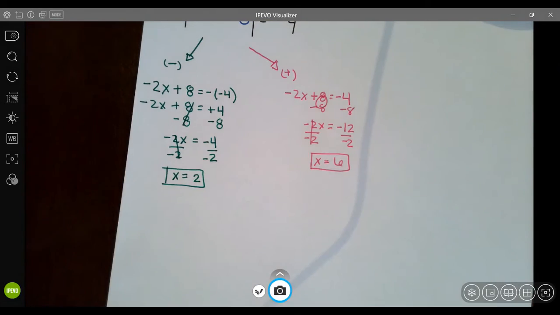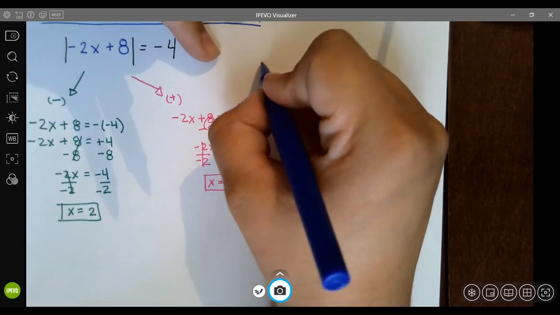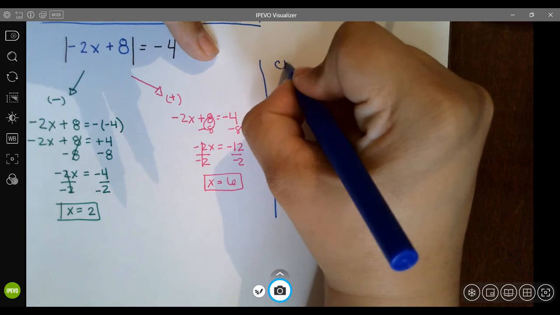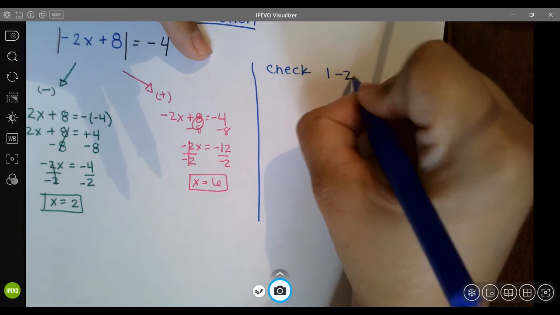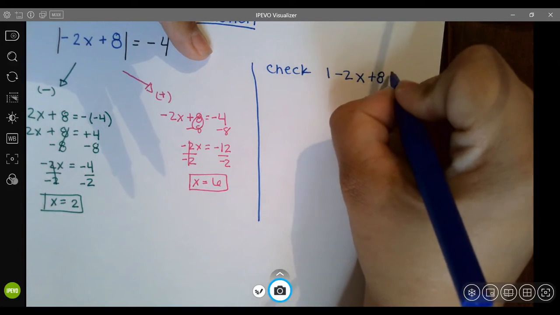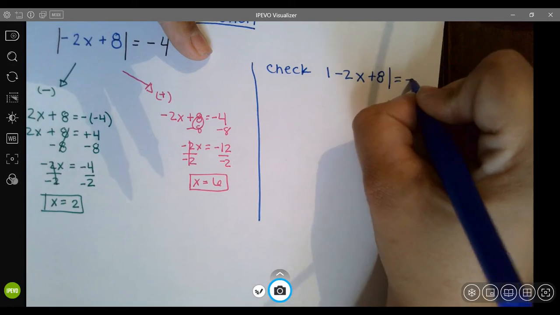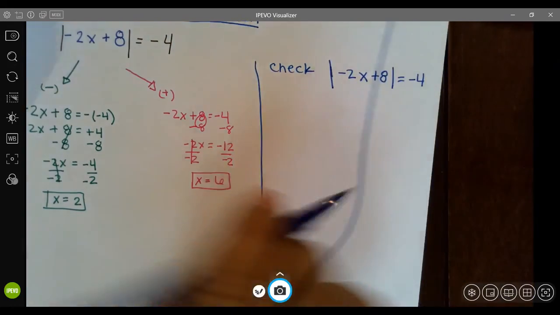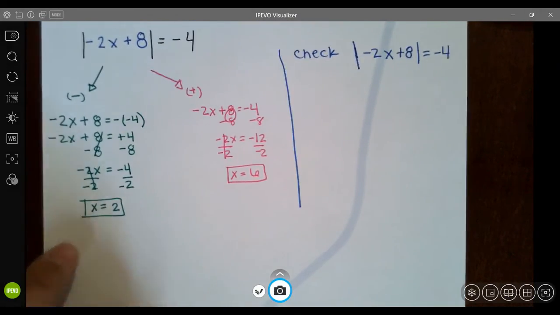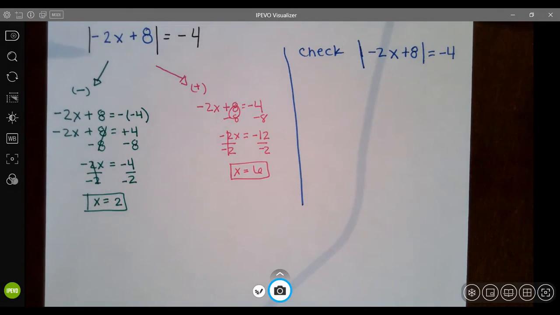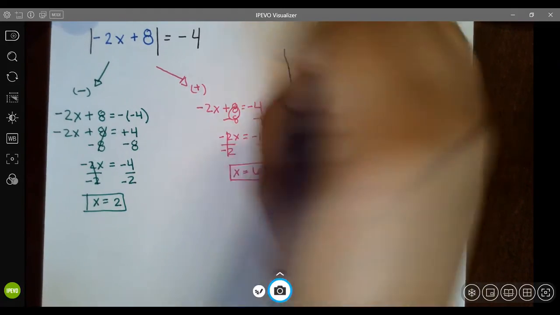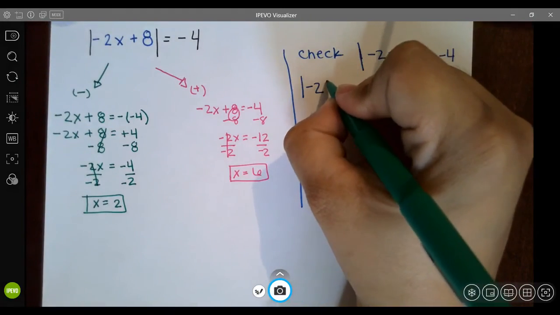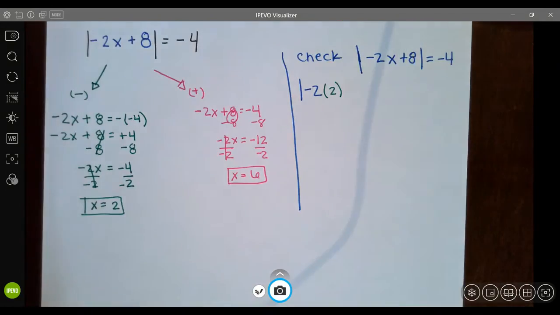Okay, so I'm going to go ahead and check my solutions. So on this side, I'm going to check. And again, I'm going to write my equation so I know where to substitute my x. Okay, so the first one I'm going to try is this x equals 2. So I'm going to write negative 2. And instead of writing my x, I'm going to write down that 2.